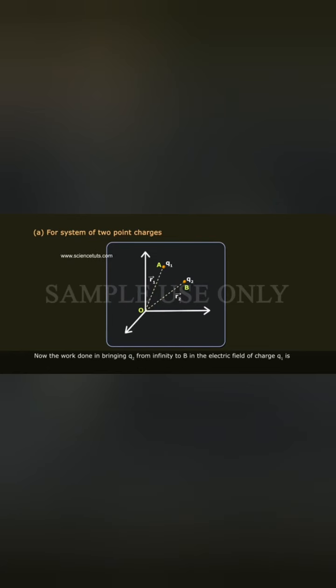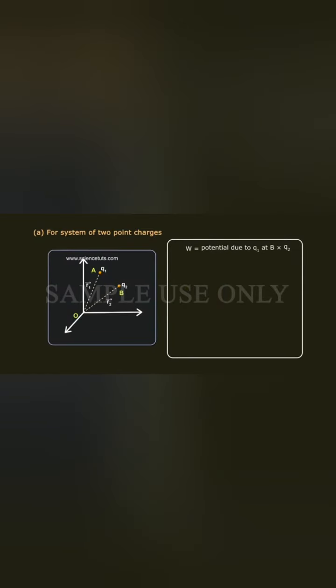Now the work done in bringing Q2 from infinity to B in the electric field of charge Q1 is W is equal to potential due to Q1 at B into Q2, is equal to 1 by 4 pi epsilon naught into Q1 by AB into Q2, is equal to 1 by 4 pi epsilon naught Q1 Q2 by R2 bar minus R1 bar, is equal to 1 by 4 pi epsilon naught dot Q1 Q2 by R12.